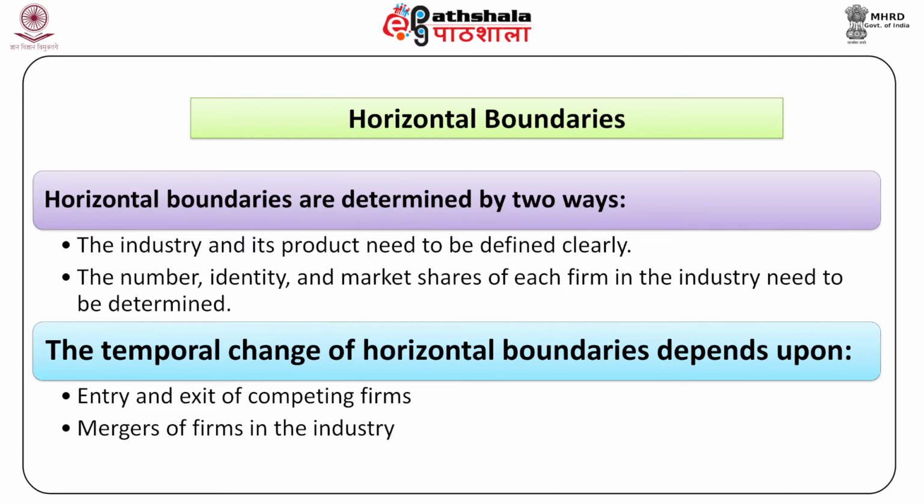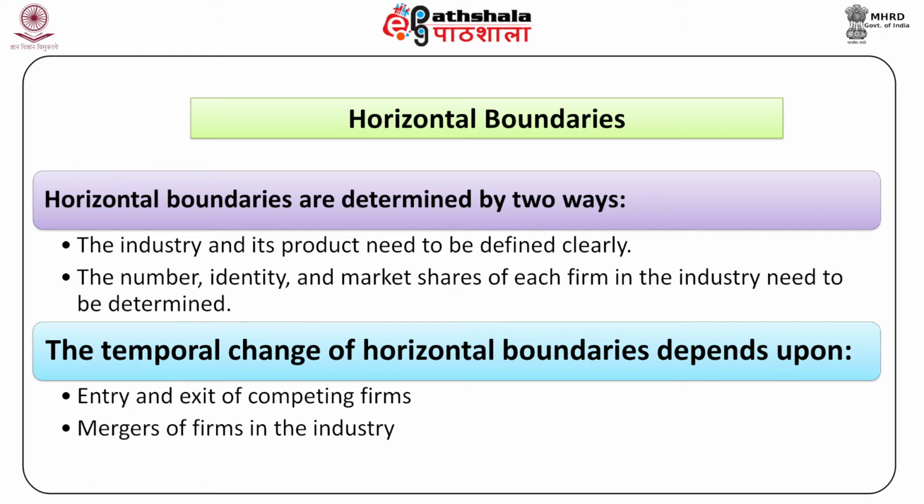Number one, the industry and its product need to be defined clearly. Number two, the number, identity and market shares of each firm in the industry need to be determined. In order to identify horizontal boundaries, one can prepare a list of competitors in the industry. Horizontal boundaries may change over time.